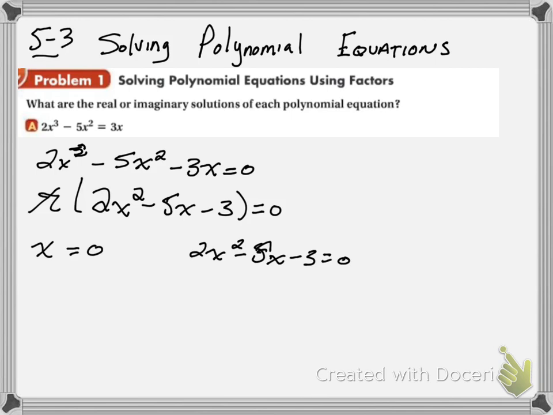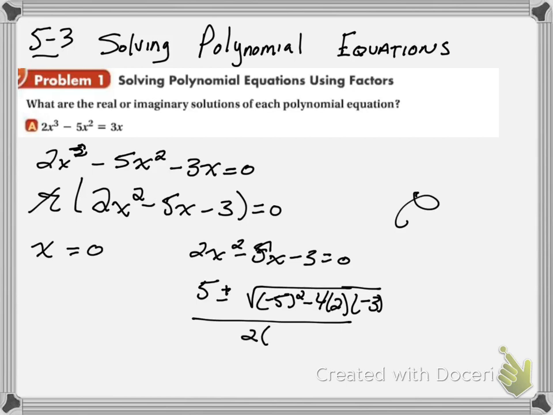Now you have a lot of ways that you can solve, but I always find that the easiest way to do it is the quadratic formula. Negative b plus or minus the square root of b squared minus 4 times a times c, all over 2 times a.